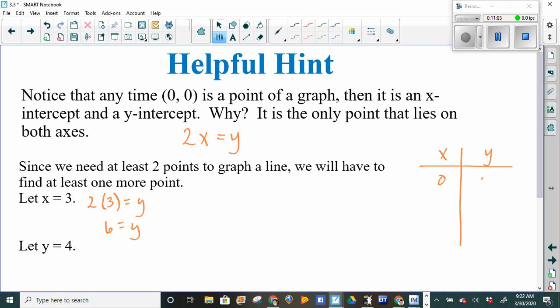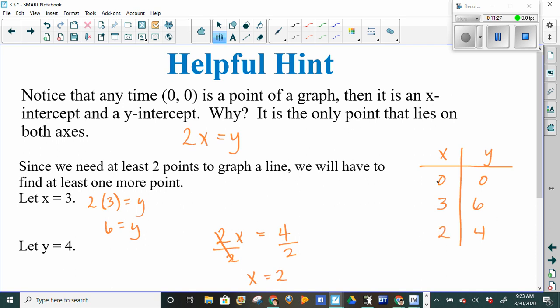So we know in our table that 0, 0 was the answer 2 times. So now they're saying let x be 3. Well, when x is 3, y is 6. So now we have 2 points. And now they're saying let y be 4, because we need at least 3 points. So 2 times x equals 4. So we're going to divide both sides by 2. X equals 2.